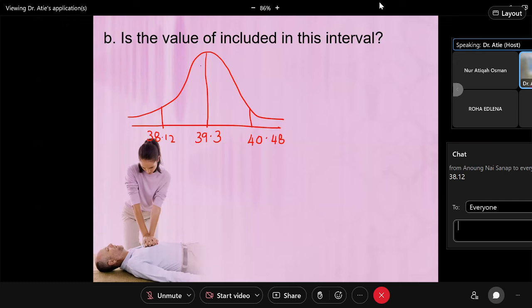So this area right here represents the 90% CI. It means that this area is 90%, this area is 5%, this area is 5%. So this is how it looks in a graph.